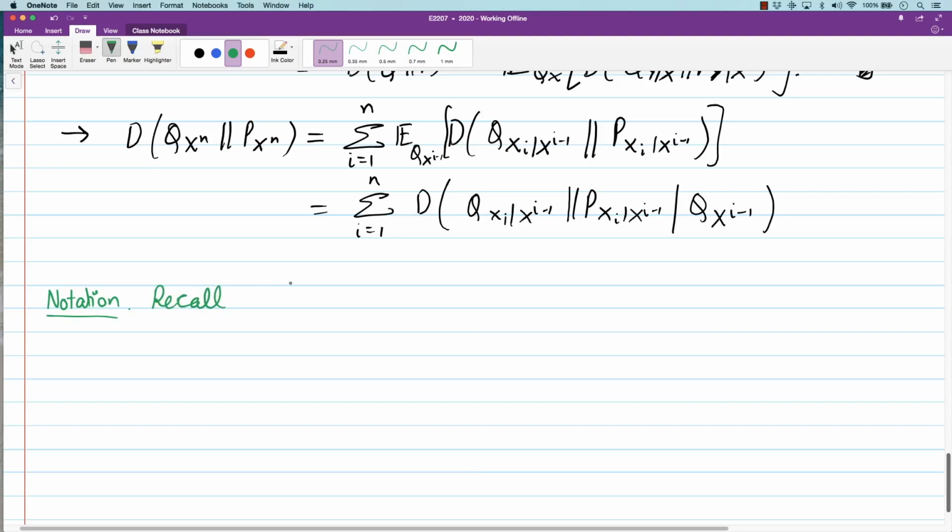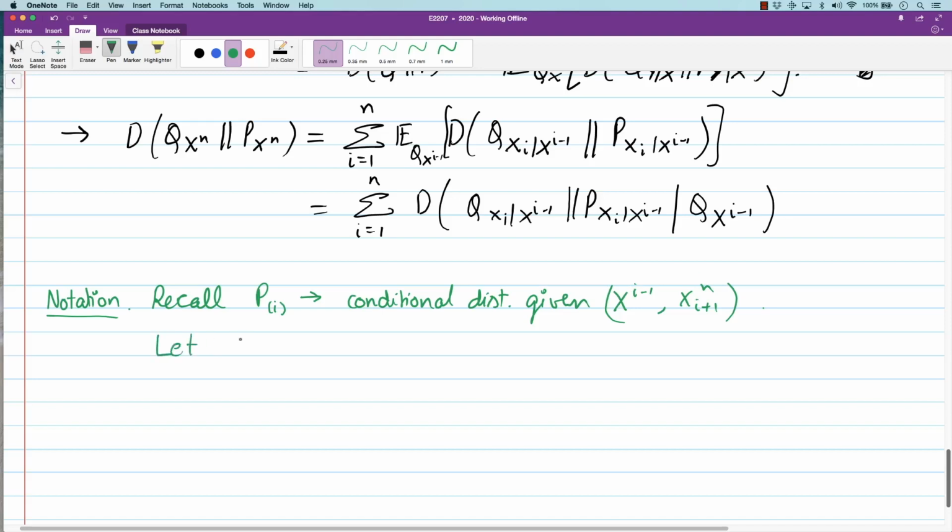Recall that we had this measure we were showing, pi, and pi was basically a conditional distribution given everything but the ith, right? So given x up to i minus 1 and x i plus 1 to n. So we'll introduce a notation for this guy.